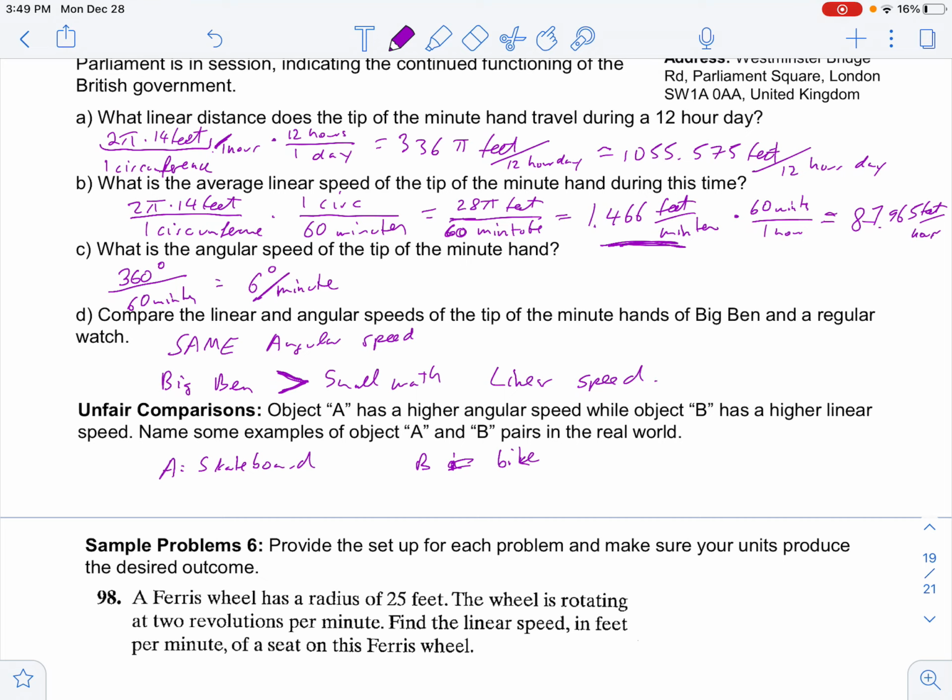Now, when you think about it, a skateboard going just a little bit slower than a bike, slower meaning linear speed, the wheels will be turning much, much quicker. So the skateboard wheels would have a higher angular speed than the bike's wheels, but the bike would be traveling much faster. That would be one of the examples there.